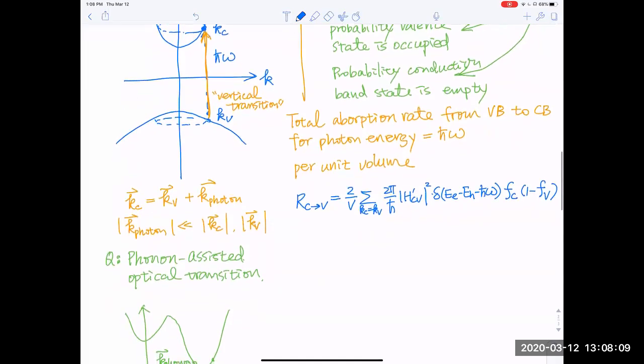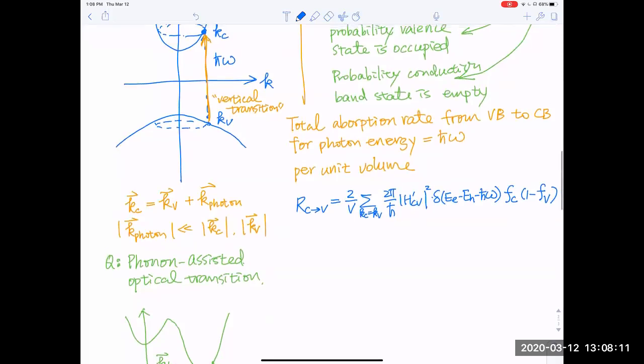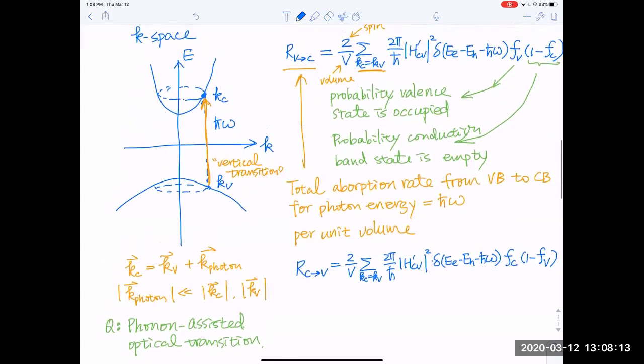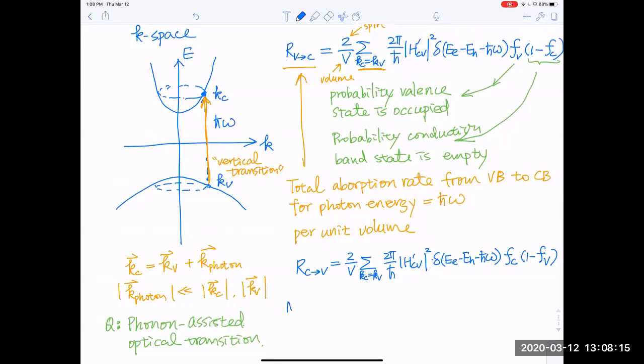Okay, so now to combine the two, we would like to have the net absorption rate for the entire conduction band and valence band per unit volume.